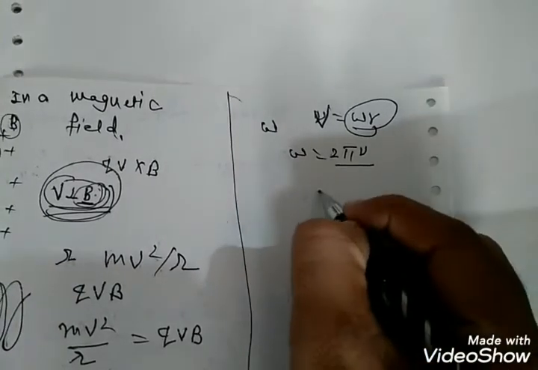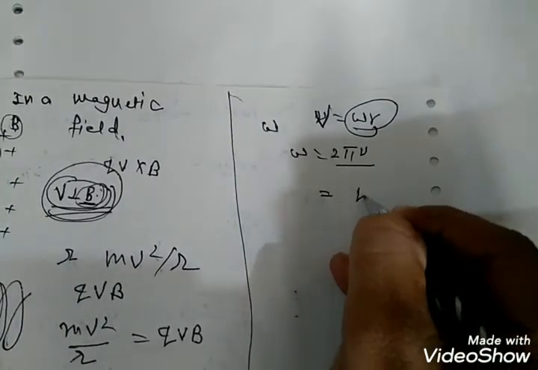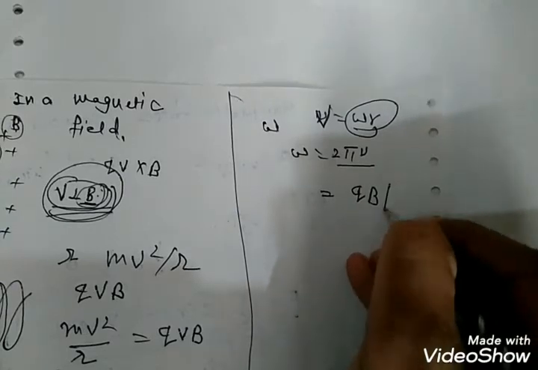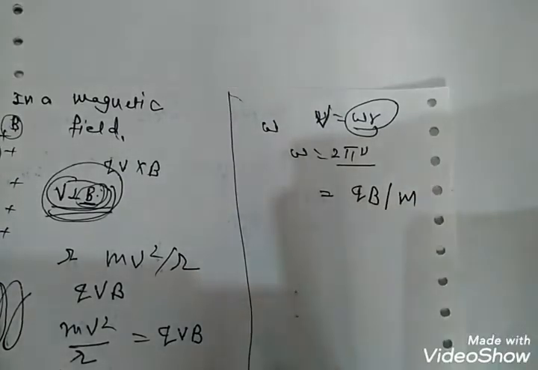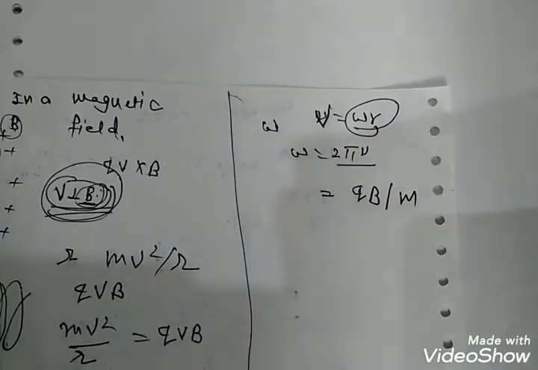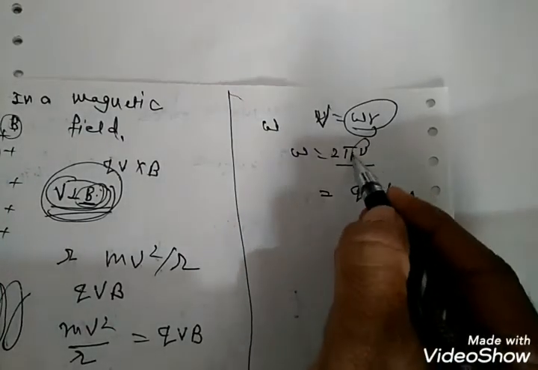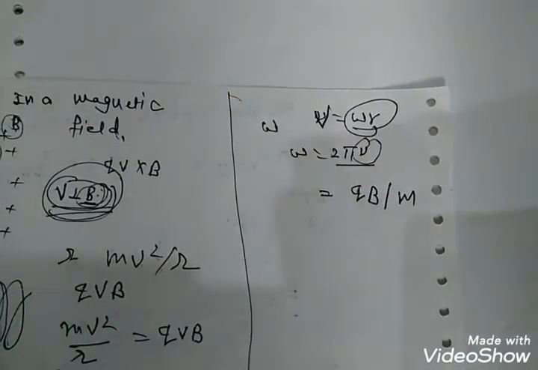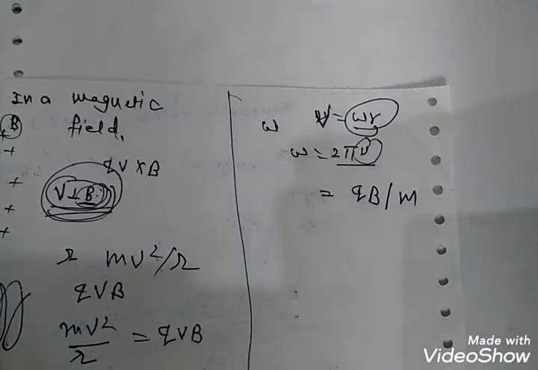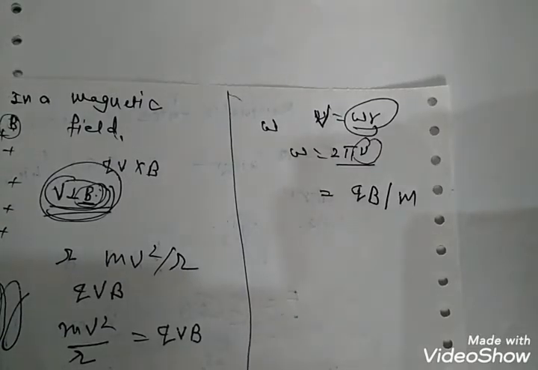So nu is equal to q B upon 2 pi m, which is independent of the velocity or energy. Here nu is the frequency of rotation. Independence of nu from energy has an important application in the design of the cyclotron.